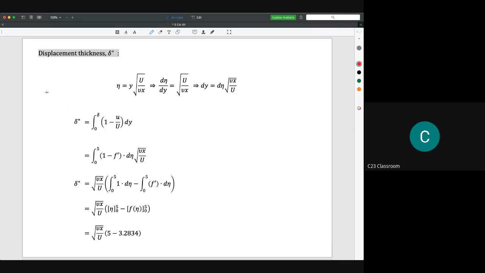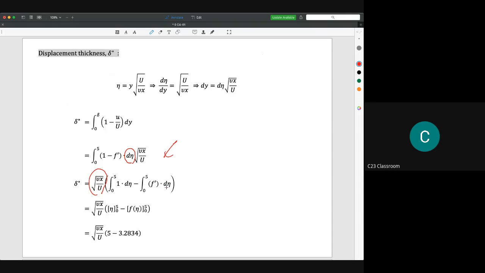And then we solve this one. Because the integration is only with respect to d eta, we could bring the constant value outside. And then we have the integral of 1 d eta, so we have eta. And then we have the integral of f prime d eta.